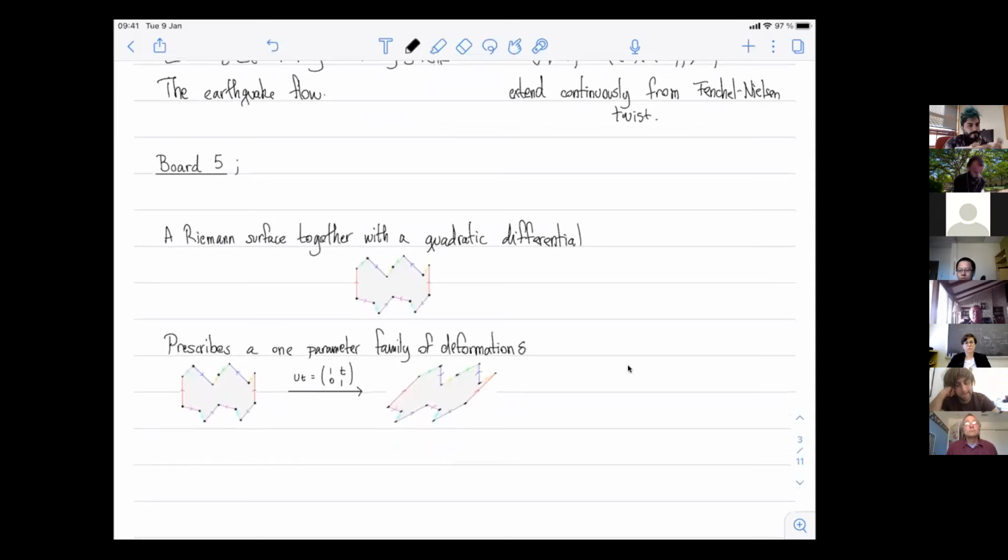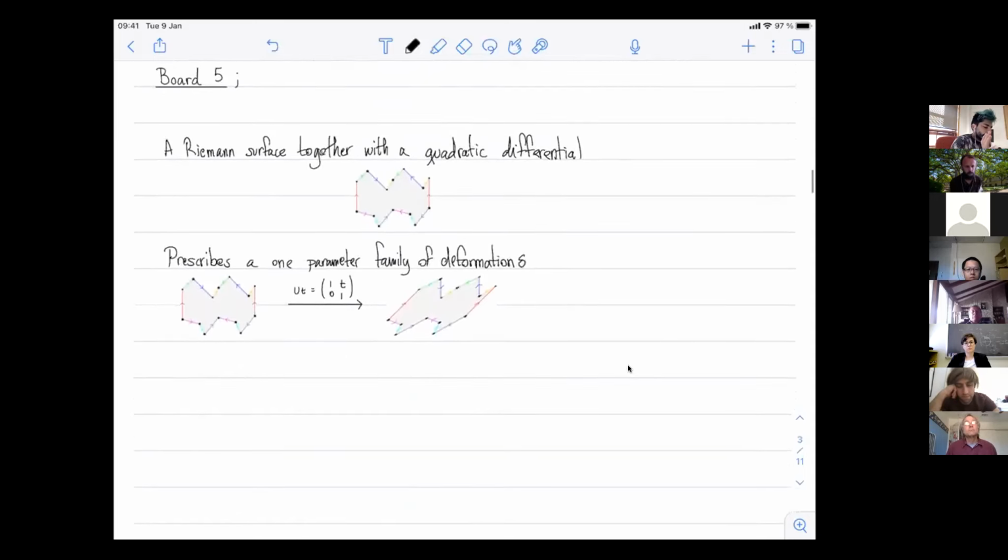And this transformation is highly non-conformal. So you can expect that as you apply and you flow more and more, you're starting to see different Riemann surfaces. So that's what the Teichmüller horocycle flow is. And at the end of the day, we can assemble it also into a bundle. We consider the bundle of, let's say, unit area quadratic differentials over moduli space.